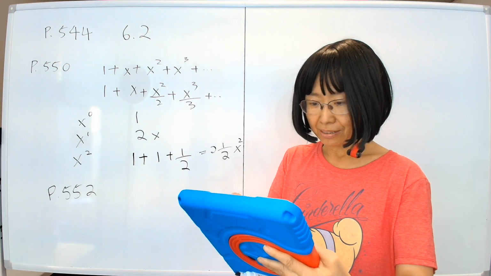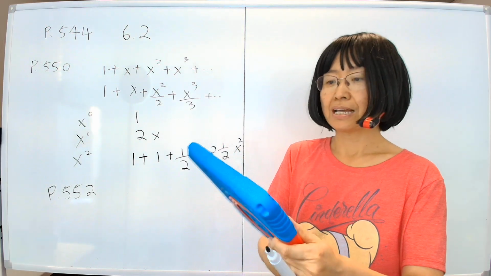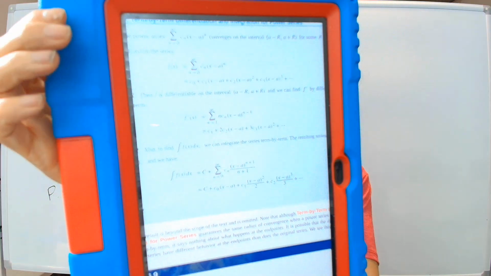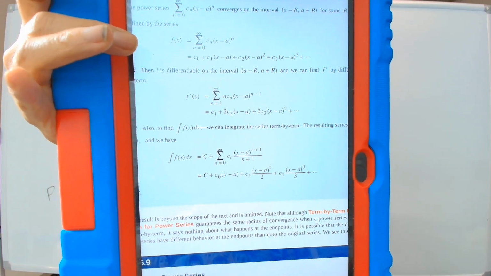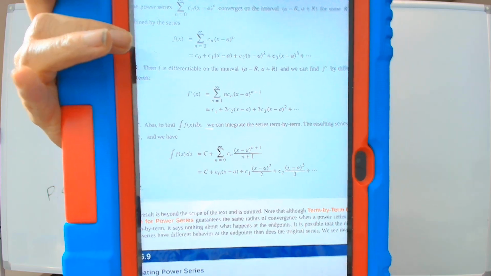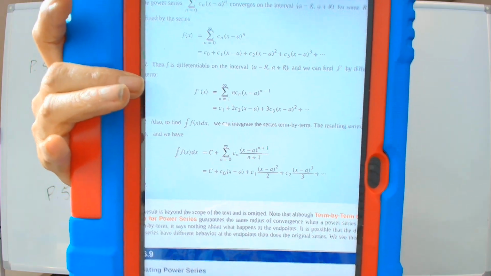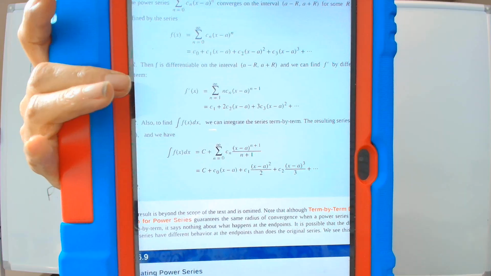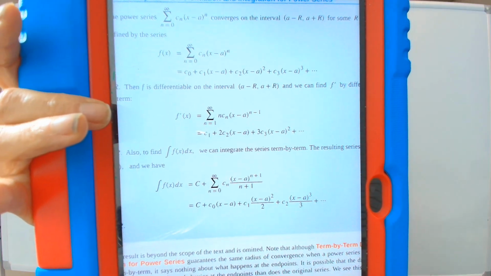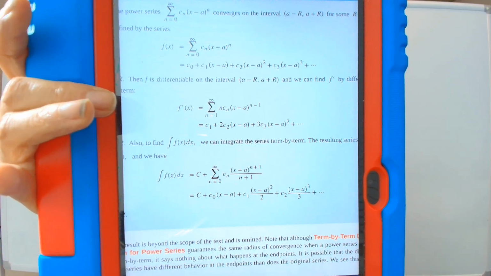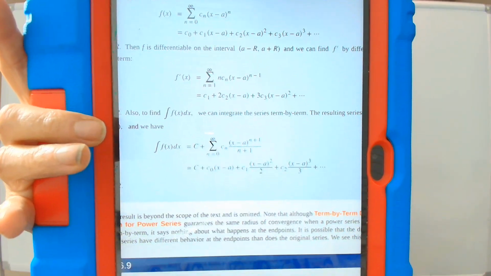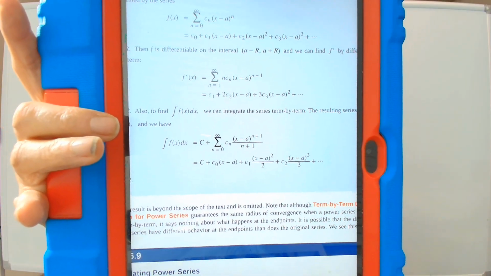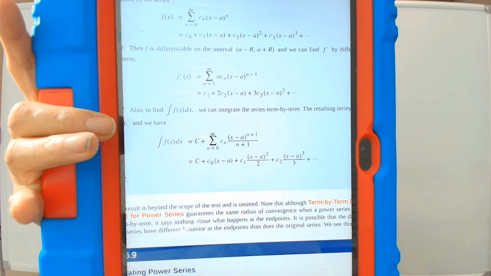Okay. Now the way to say it, of course, is as your book has shown very nicely, that here's the original function, right? And then a power series, and you take the derivative, which becomes n x to the power n minus 1. And then the integral becomes x to the power n plus 1 over n plus 1 plus your constant.